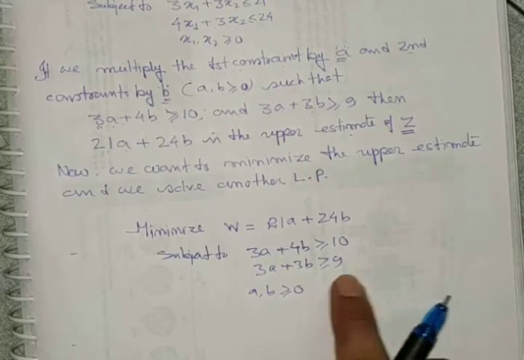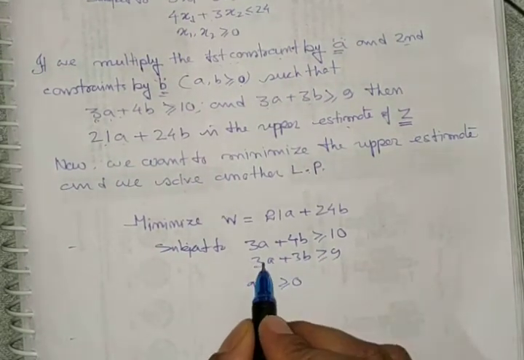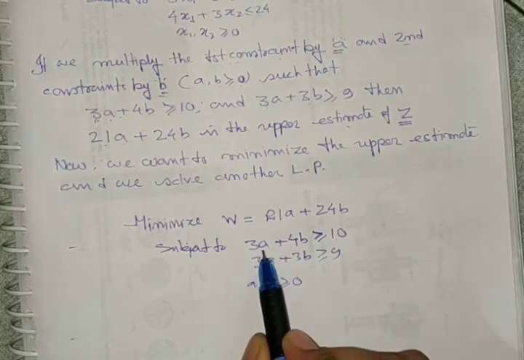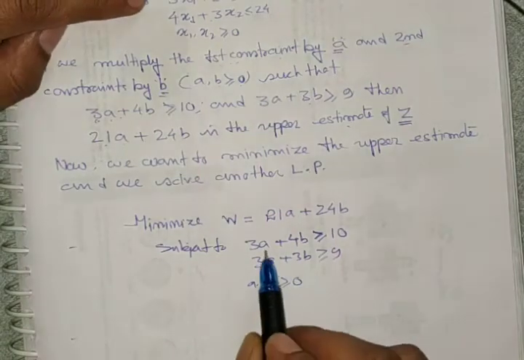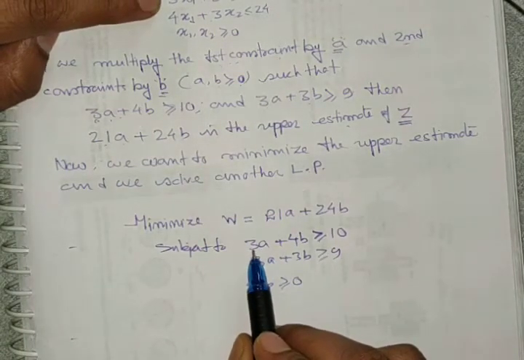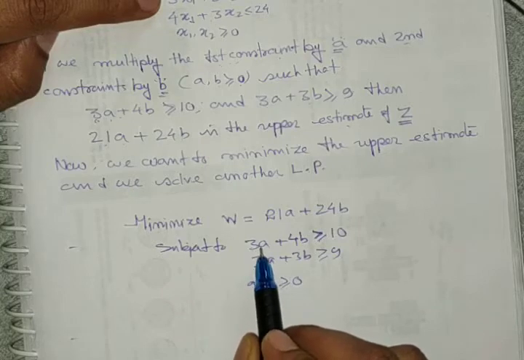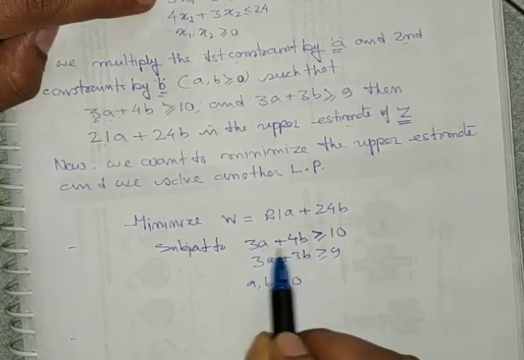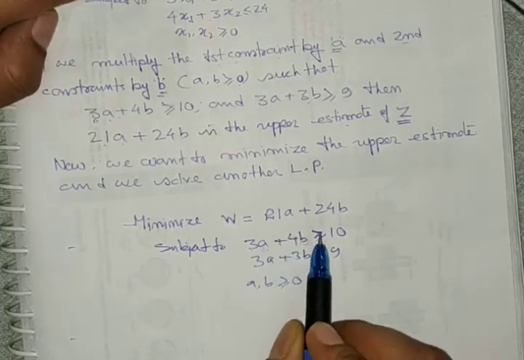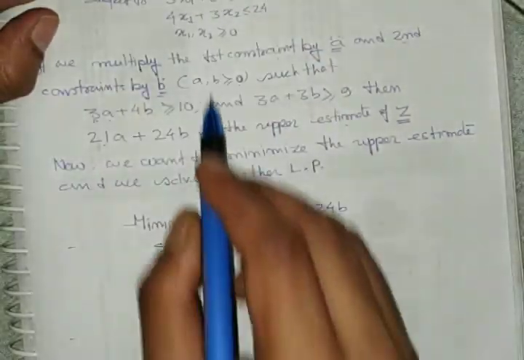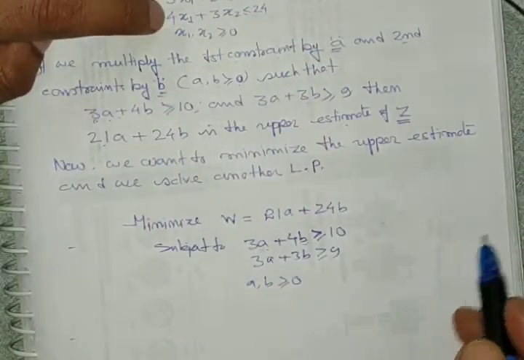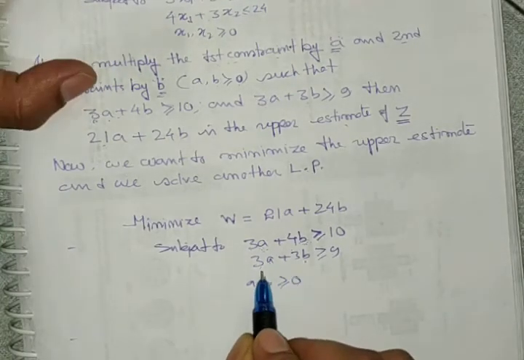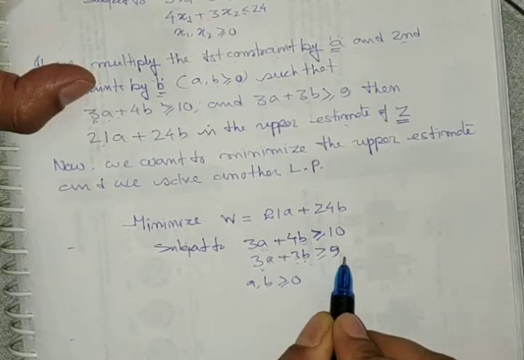So let's try to understand this. Here we are considering the upper estimate. Here, the combination of coefficients A and B cannot be less than 10. Again, for this one, the combination of A and B cannot be less than 9.